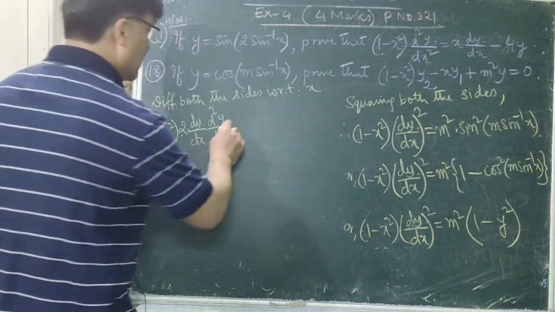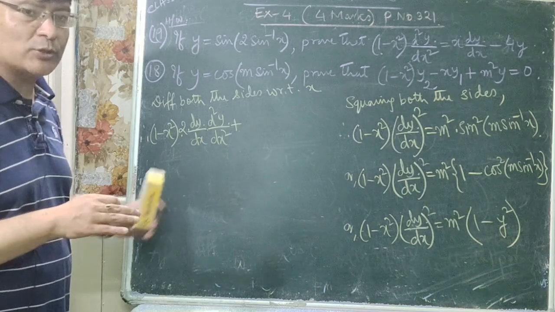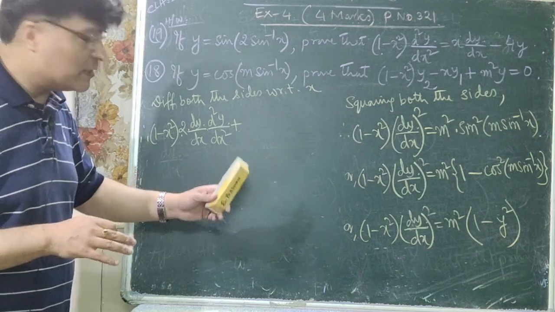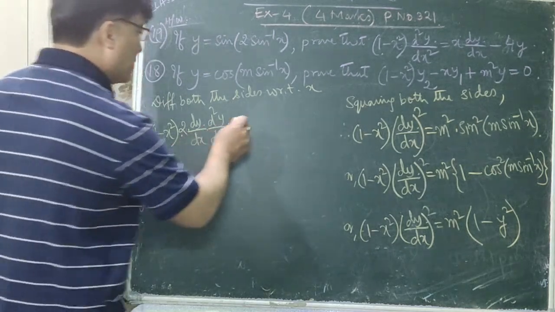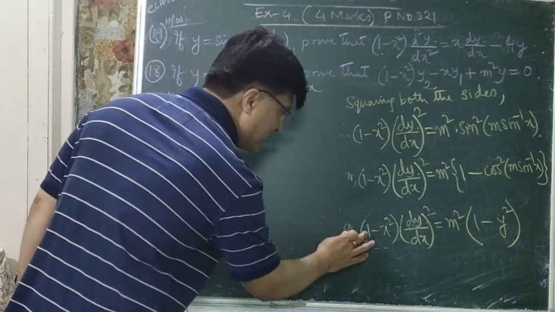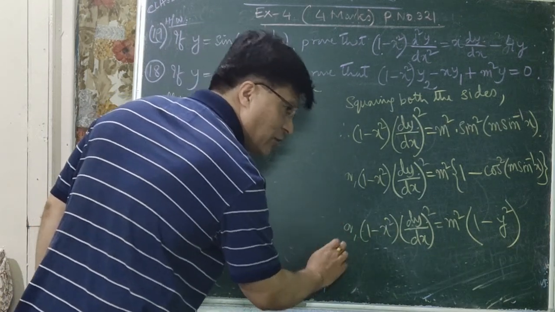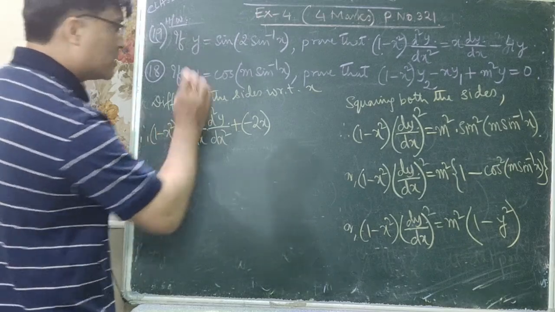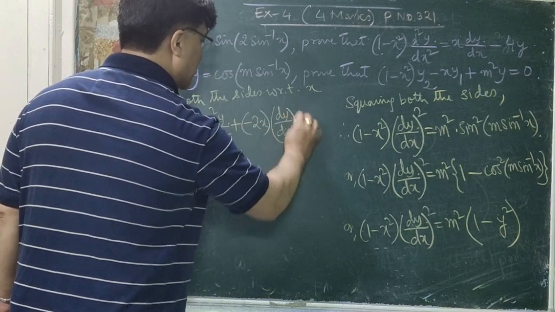Now next, plus, now keeping dy by dx whole square as it is, differentiate the first term, that is 1 minus x square. So what is this differentiation? It is minus 2x. For 1 it is 0, minus for x square it is 2x. So what is 0 minus 2x? Minus 2x.